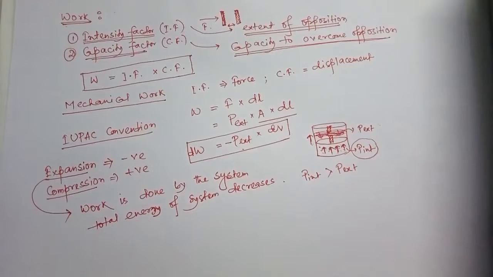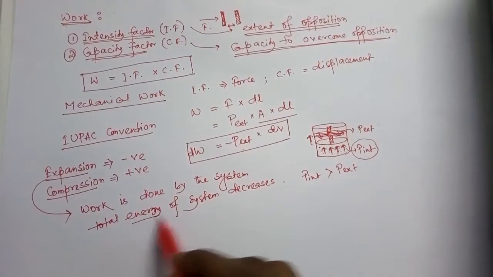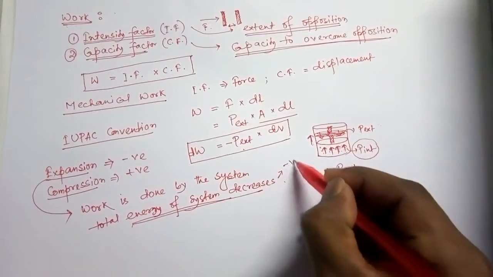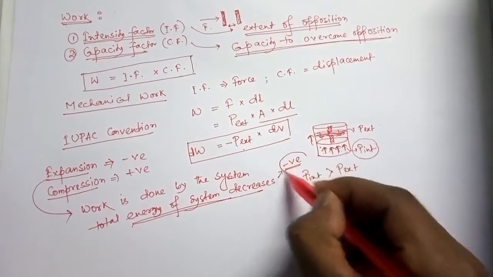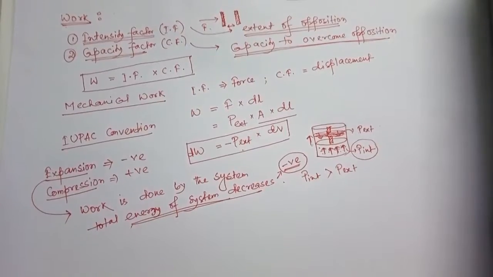That means for expansion work the system's energy decreases, and according to IUPAC convention, if the energy of the system decreases, that is considered negative. That is why for expansion work it is taken as negative.